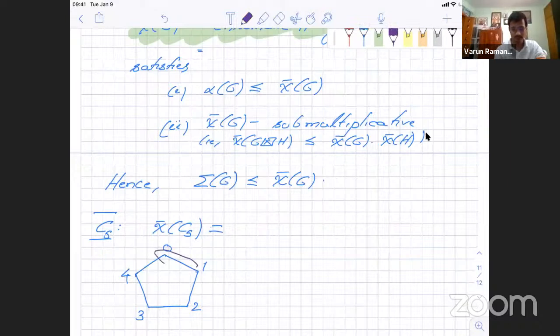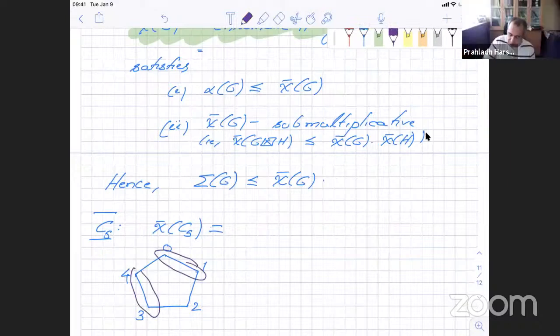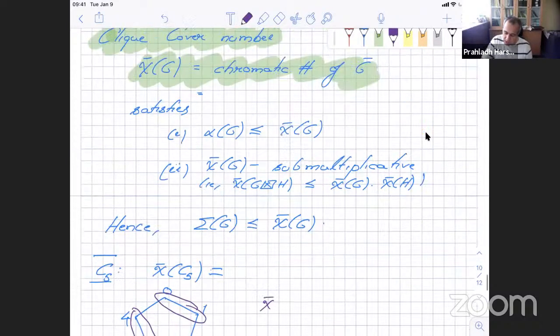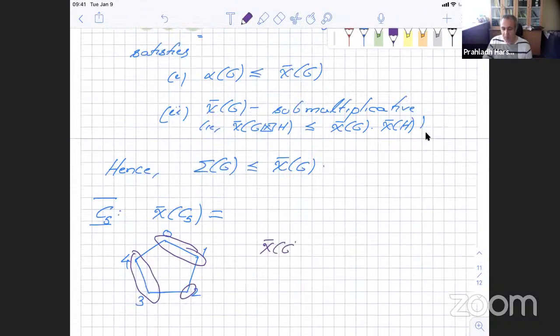So this is possible, and this tells you that chi prime G is less than or equal to 3. I claim 2 cannot be possible, because if 2 is possible, at least one side should have three vertices in it, and then you should have a triangle, and there is no triangle.